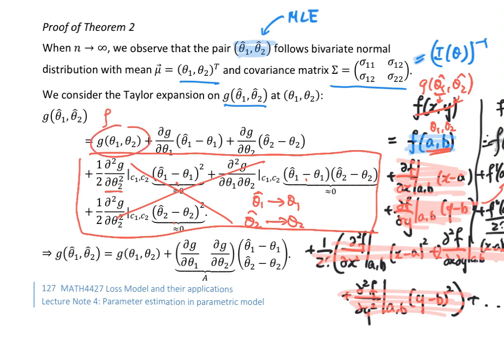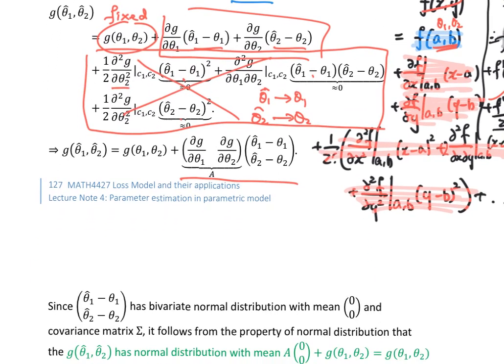The first term is just a fixed number, so we don't need to worry too much. We just need to analyze the last two terms, which involve the MLE. To facilitate the analysis, I will combine the last two terms into this matrix product.